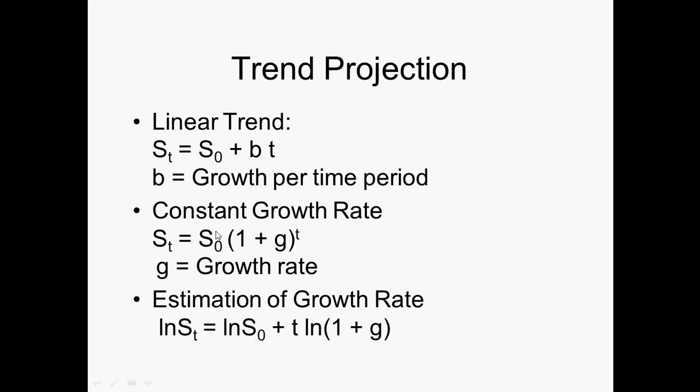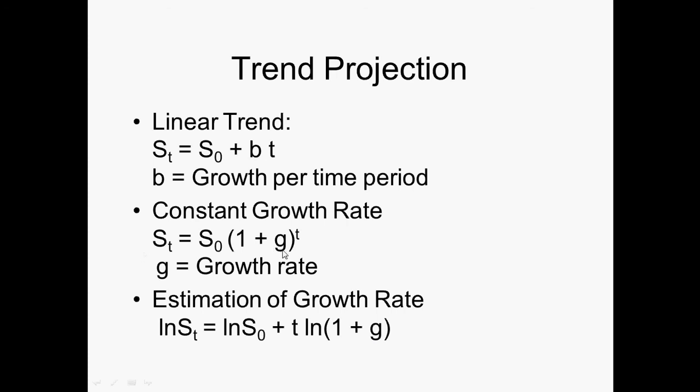And S0 was multiplied by this 1 plus g to the t. The multiplication turned into addition. The exponent turned into a coefficient. So taking something to the power of t, when you apply the ln, turns into multiplying t by the log of 1 plus g.